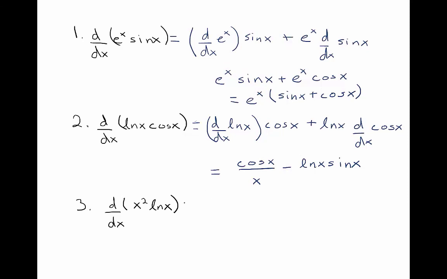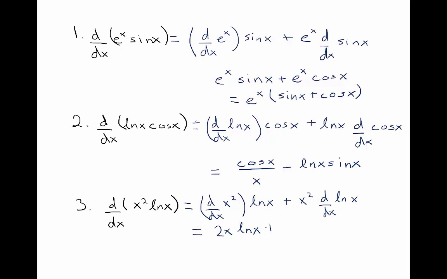Alright, so the last one, first we'll take the derivative of x squared, multiply that times log x, then add that to x squared left alone times the derivative of log x. Alright, so the derivative of x squared is 2x, so we have 2x times log x.